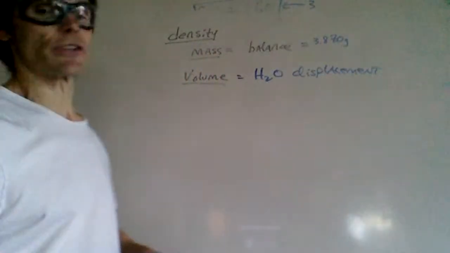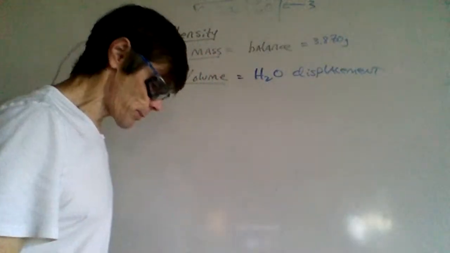Let's determine its volume by water displacement. Over to our graduated cylinder. So here's a graduated cylinder. There's our graduated cylinder. Now I'm starting out with 11 milliliters.